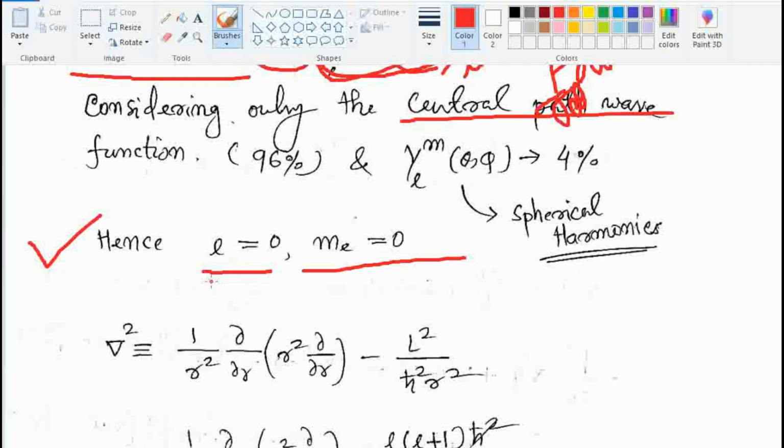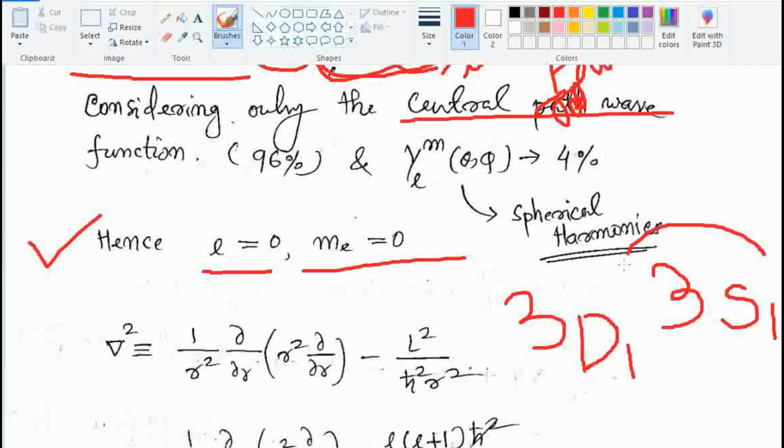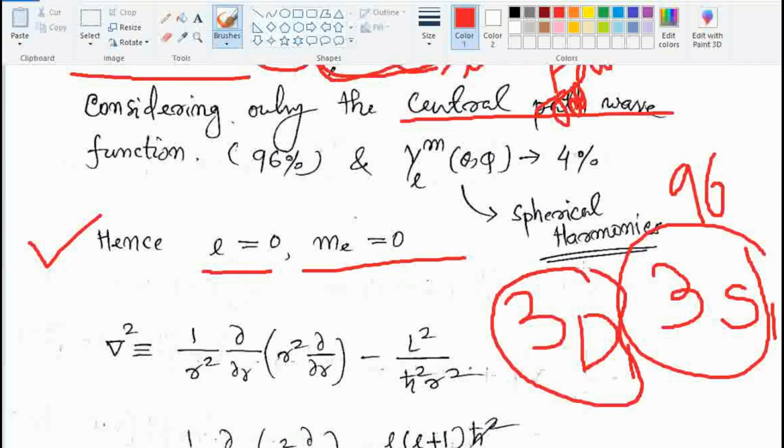If you don't understand, you see in the ground state of a deuteron there are two states present. One is 3S1 and another is 3D1. The 3S1 part has a contribution of 96%, and the 3D1 part contributes 4% to the wave function or the potential, you can say.